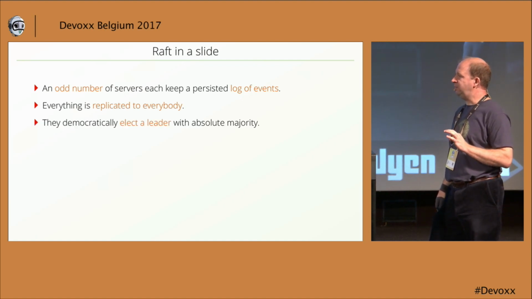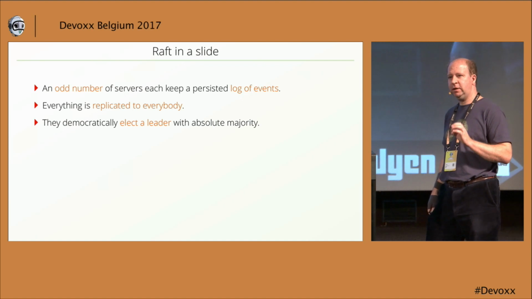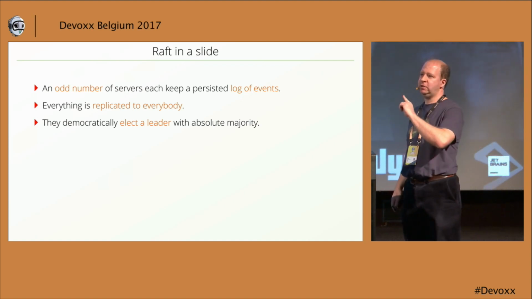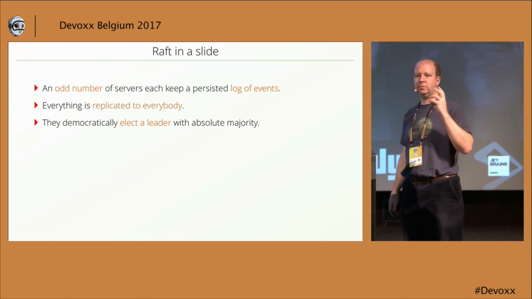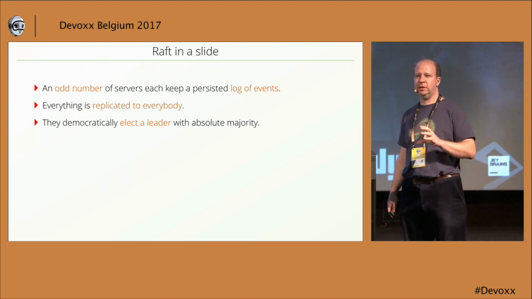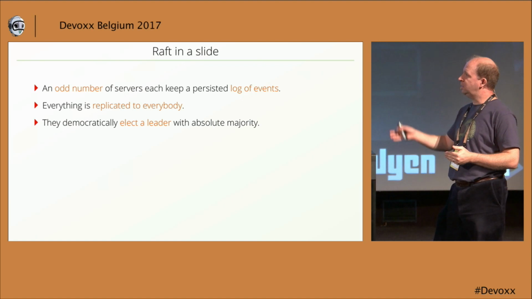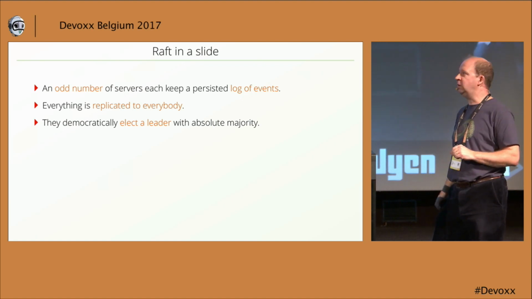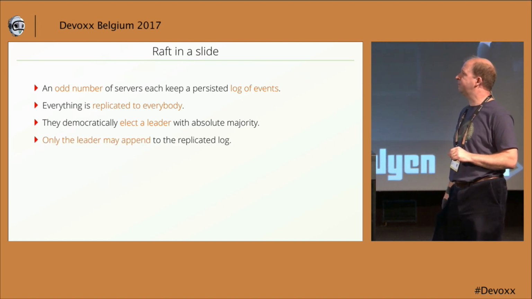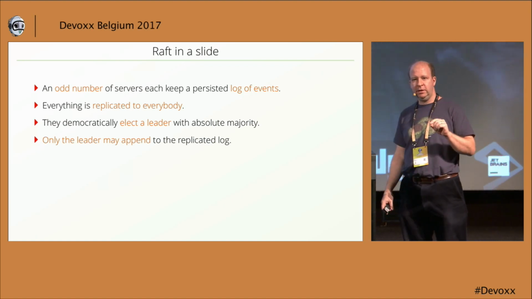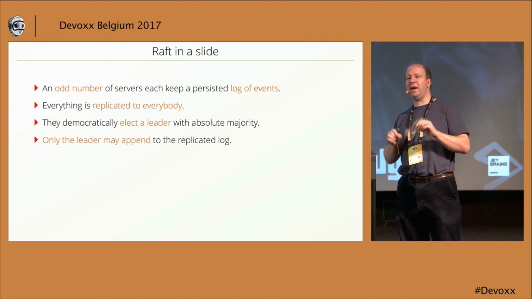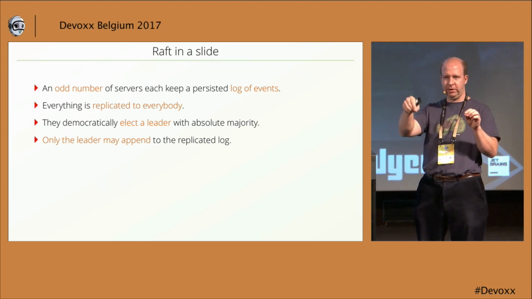What they do in Raft, they democratically elect a leader, and that's why you need the odd number. You want to have an absolute majority to elect leaders. So if you have 3, which is a typical installment, then 2 would have to agree on a leader. Or 3. It's only the leader at any given time which may append something to the replicated log.